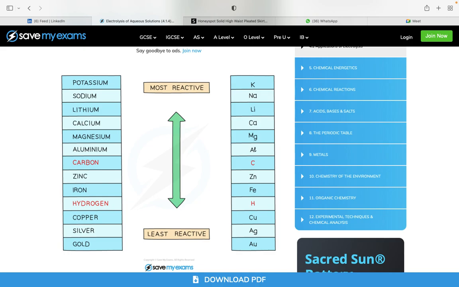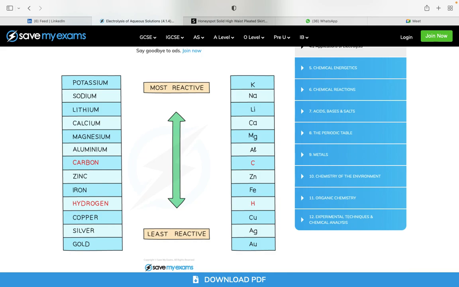You need to know which metal is more reactive and which one can displace which one, so that it's easy for you to write a balanced chemical equation. Okay, now let's move on.